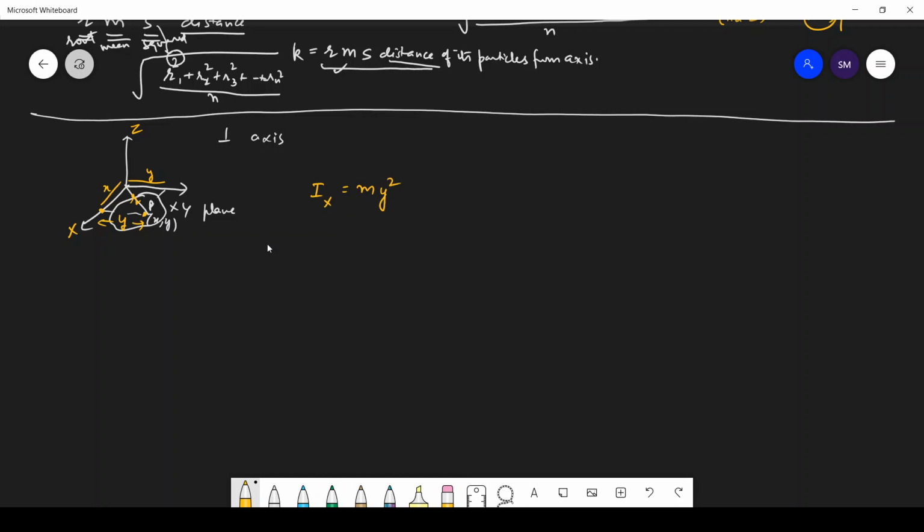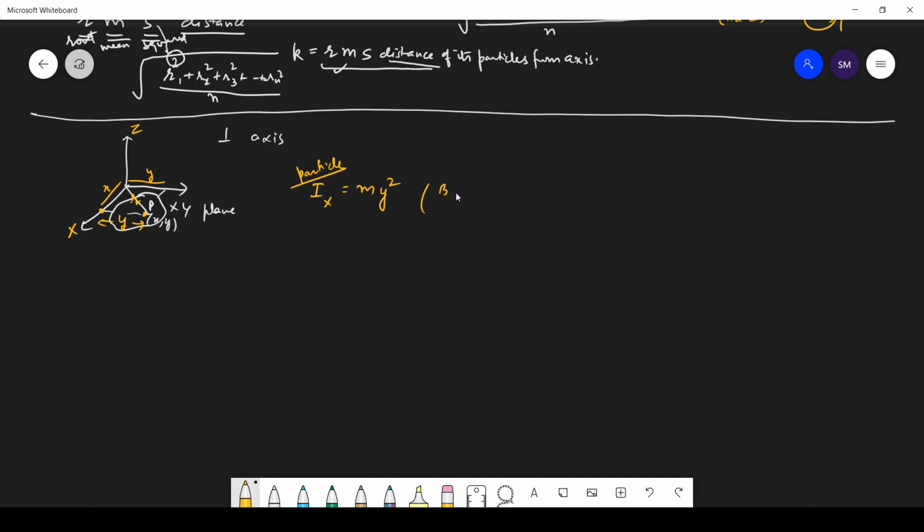Now the moment of inertia of the whole lamina. This was of the particle, and for this particle you can write two things.